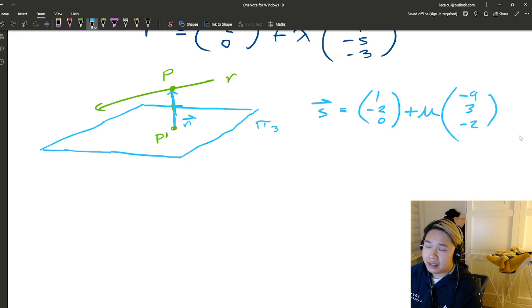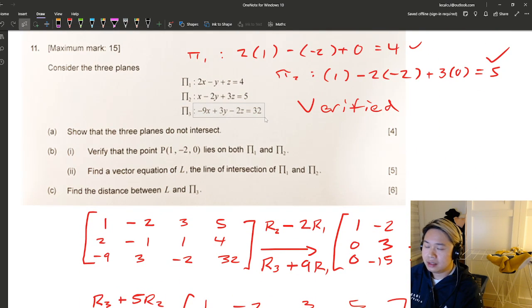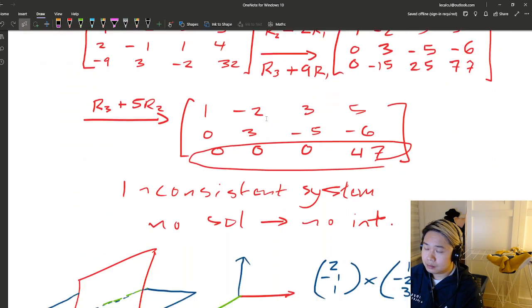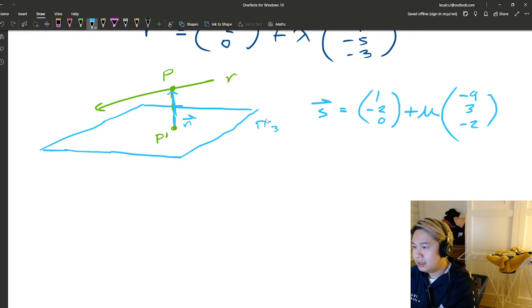Okay, and then this is basically an expression for any point on this line, which includes point P. At the same time, I also want point P prime to satisfy the third plane's equation. So I can parametrize my coordinates.